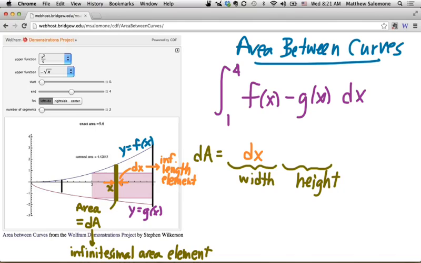Where the action comes in is when I insist on measuring the height of this rectangle. Now I have to ask the question, well, what is the height of this thing? Well, how can I measure the height, which is, by the way, a vertical measurement on this graph, from this point on the top, which is on the top graph, to this point on the bottom, which is on the bottom graph?